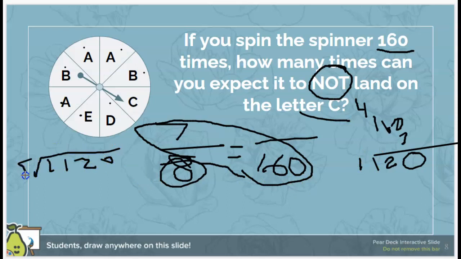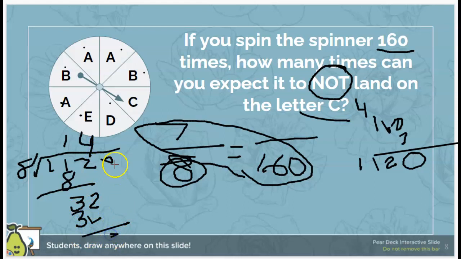So 8, and then you'd have 3 left over. 2 comes down, 8 times 4 gets me 32. Exactly. So this is a 0, so it's got to be a 0. 140 times. So out of the 160, it's going to not land on C 140 times, which makes sense because C is only this one little piece, so it makes sense that it would not land on it a lot.